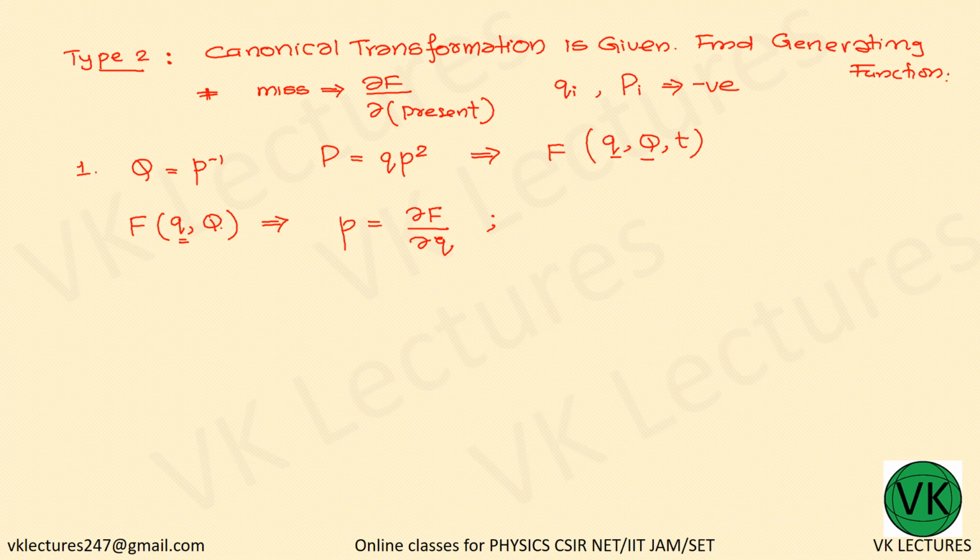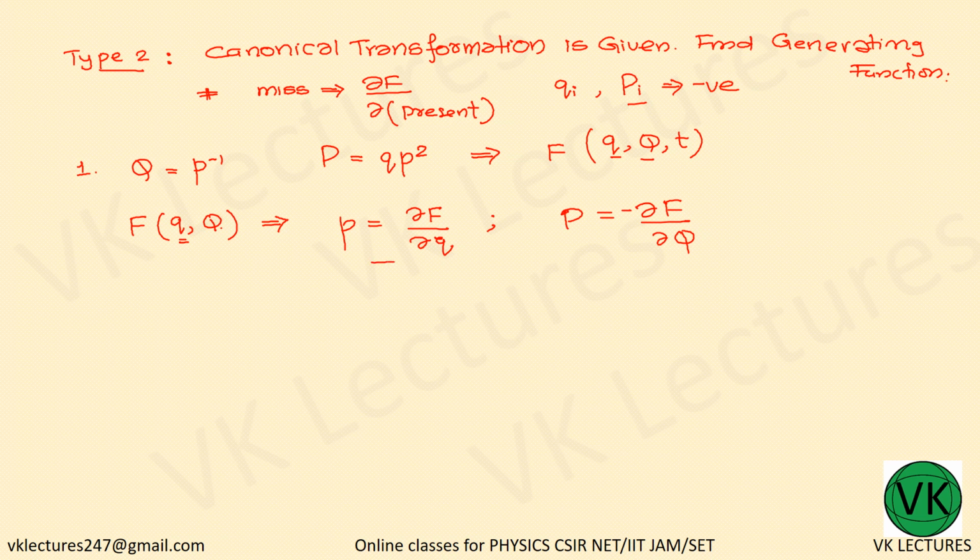And capital P is missing, so capital P is equal to dou f by dou capital Q, with a minus sign because capital P is negative. So minus dou f by dou Q, and from here we need to find out what is f.